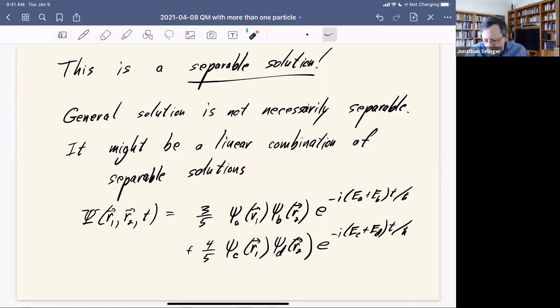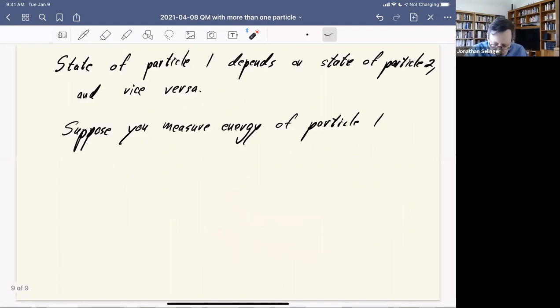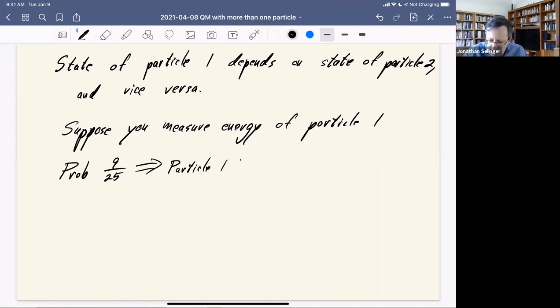You will either find that particle 1 has energy EA, which goes with state A, or it has energy EC, which goes with state C. So we could say with probability 9/25, that is 3/5 squared, you will find that particle 1 has the energy EA.